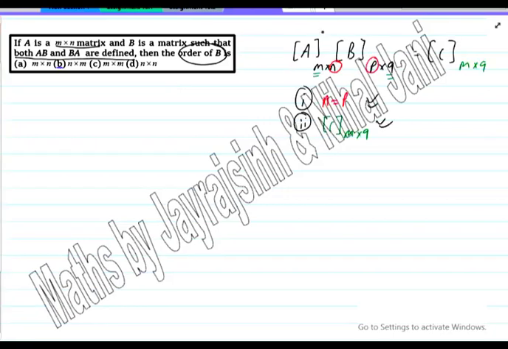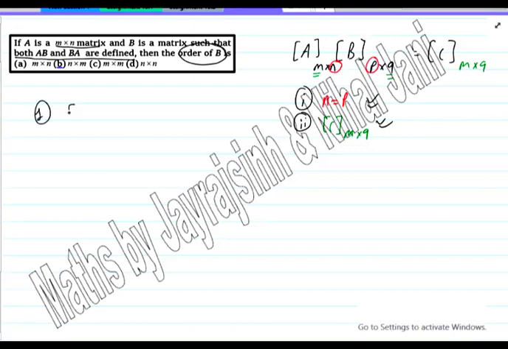If we have to multiply two matrices A and B, then the number of columns of the first matrix should be equal to the number of rows of the second matrix, right? So if we assume that the order of B is P cross Q, then N should be equal to P, right?